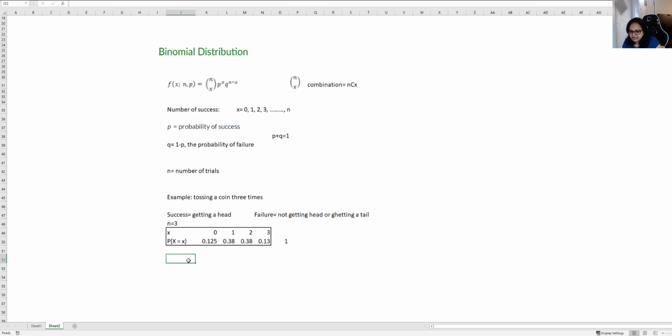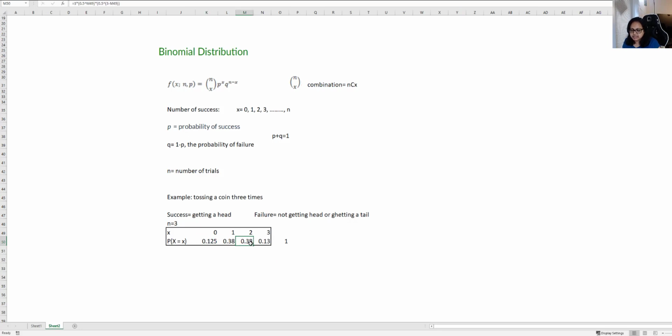Getting head or tail, each of those should be 0.5, because this is an unbiased coin. But then again, since we don't have any heads, x is 0 in this case, and then q is 0.5 again, with the power n minus x, which is 3 minus 0. So that's how I got this probability.